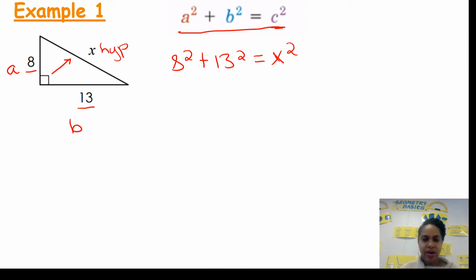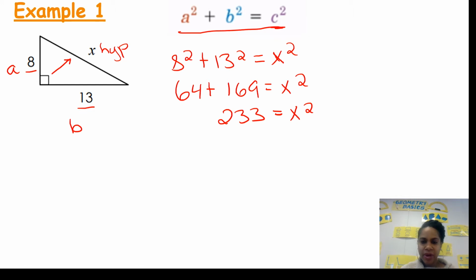All right, so let's just simplify. That is 64 plus 13 squared is 169 equals x squared. 64 plus 169 is 233 equals x squared. Now we have to get this x by itself. So remember, the inverse of something squared, to get rid of it, is to take the square root.